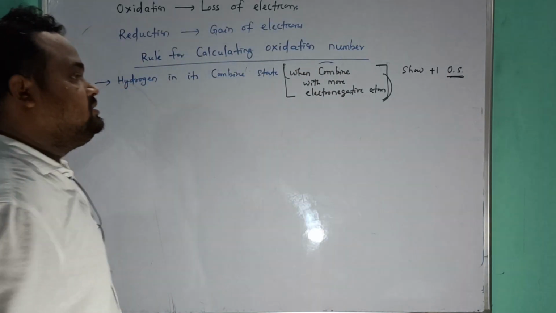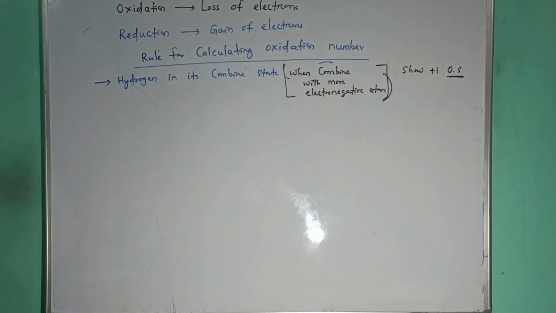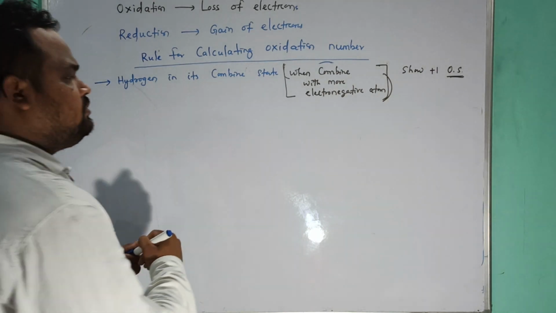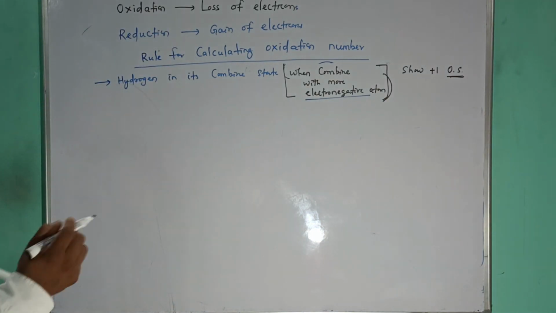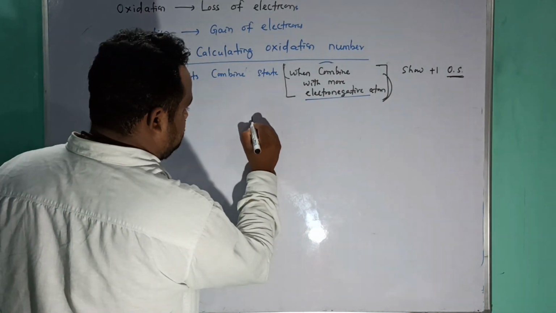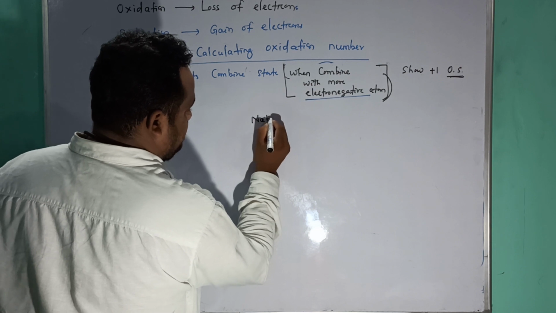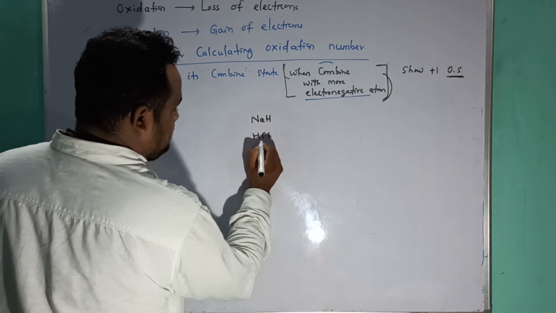OS means oxidation state. So you people don't know what is the electronegativity term. So simple, you see, I am giving one example. NaHCl.